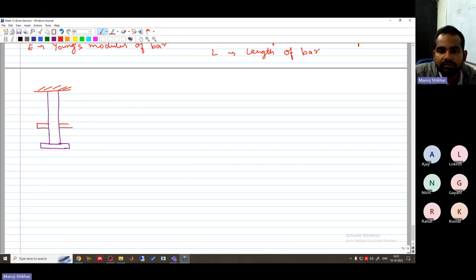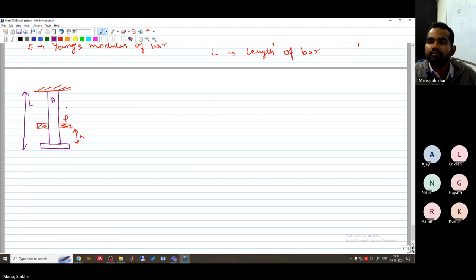This is the weight, or load, P. It falls down by height H, and the total length of the bar is L. This is the area of cross section, and Young's modulus is given.